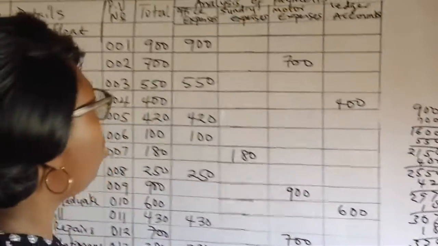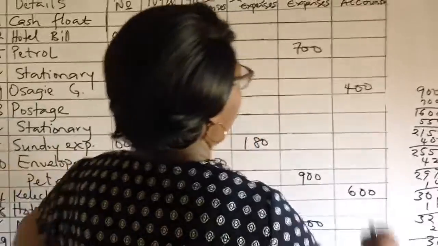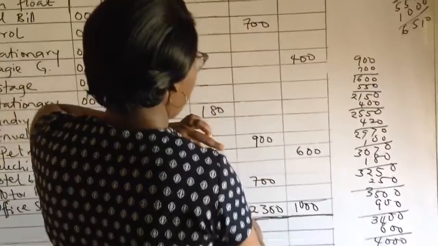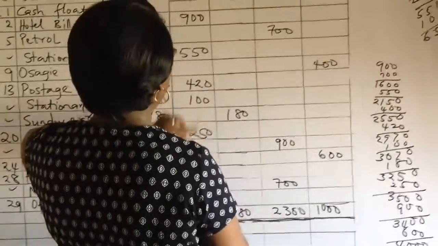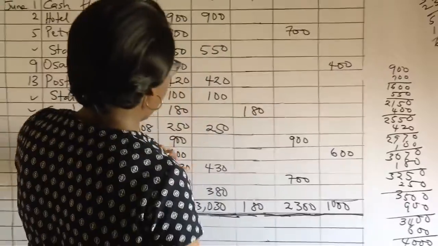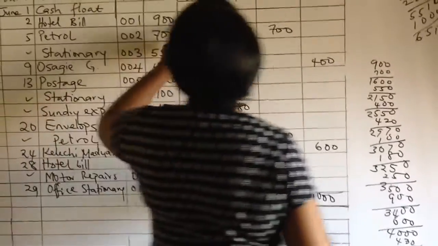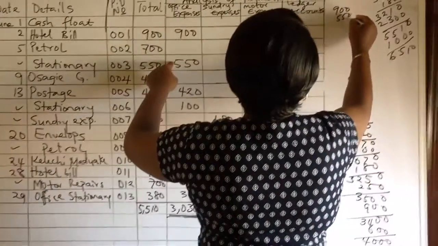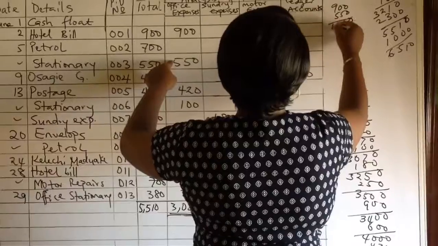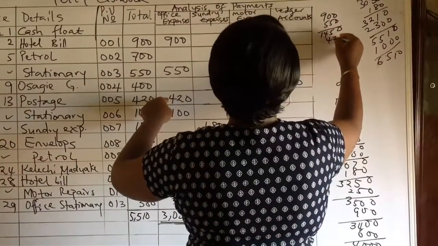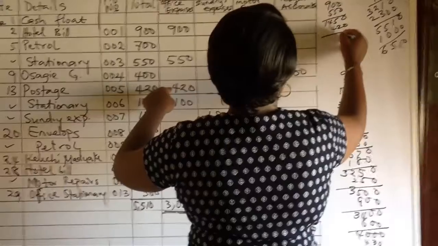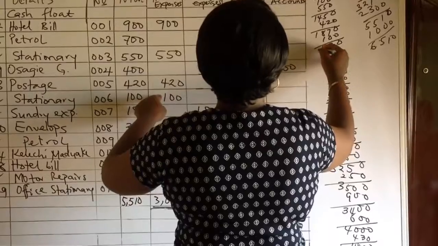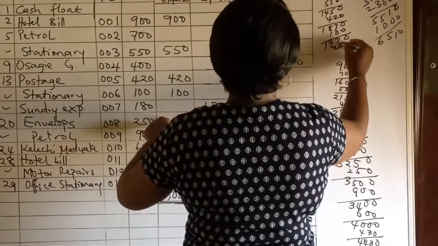So let's see where the error is coming from. This plus this gives you 1,000. This plus this is 1,400 plus this is 2,300. 180, where you have, let's see, 900 plus 550. This is 450 plus 420. This is 781 plus 100, 791 plus 250.